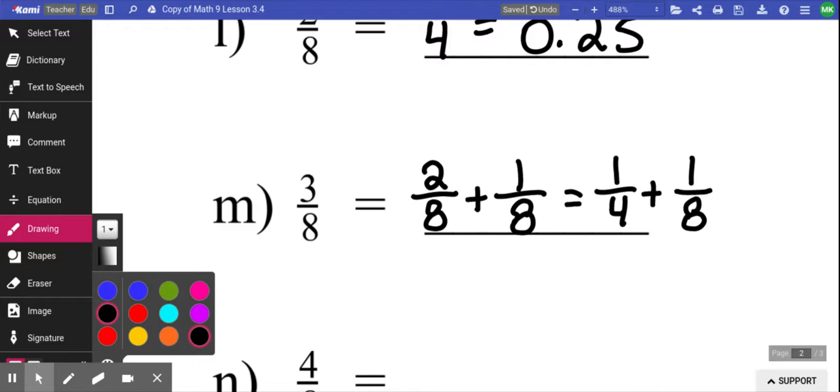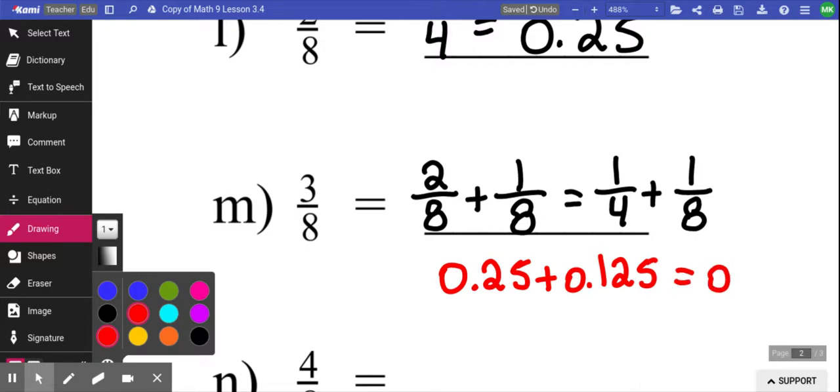Both are things that I know. So this would result in 0.25, the quarter, plus the 1/8 that I memorized, which is 0.125. That gives me a total of 0.375. So for eighths, we're either reducing or breaking it up into something that I can reduce.